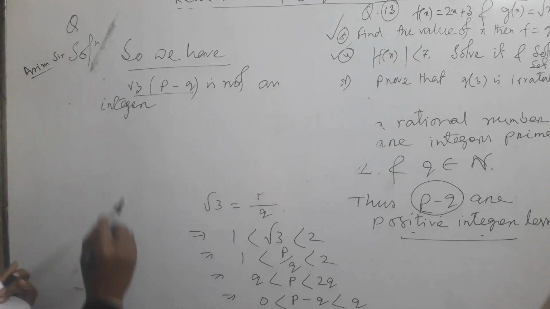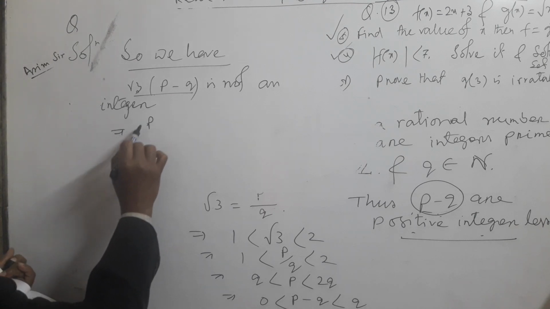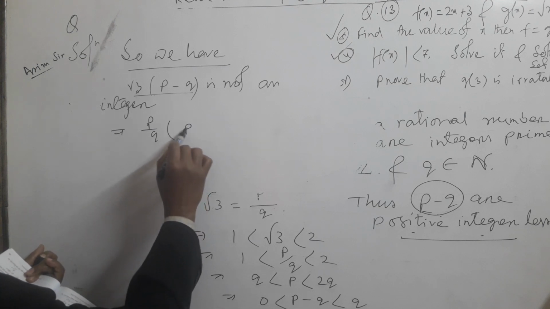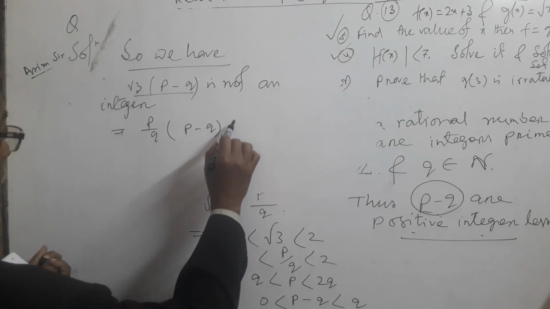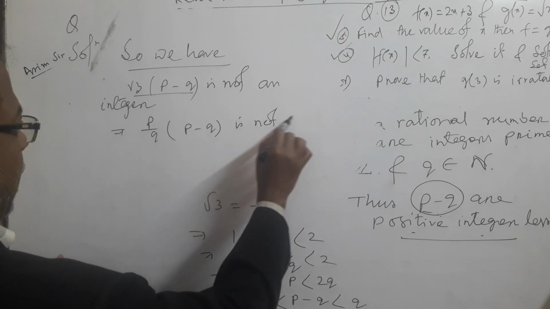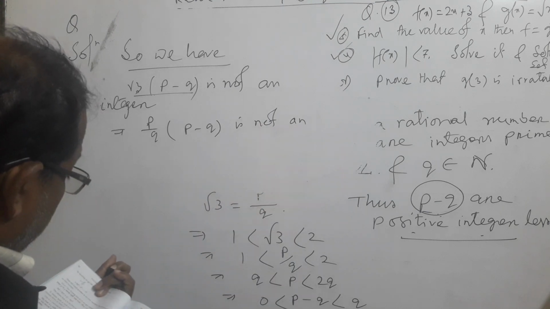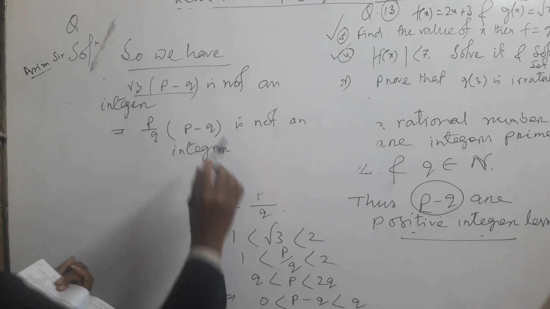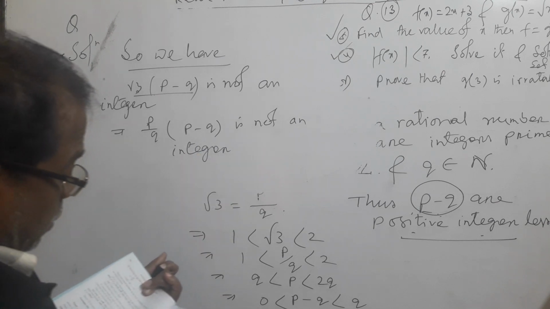So that's why p divided by q into p minus q is not an integer, not an integer.